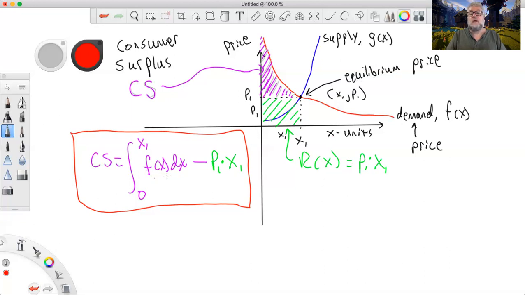And we integrate f of x, where f of x is the demand function, minus the equilibrium price times the equilibrium units sold. And this whole thing will give us the area underneath the curve here. So it's the big one minus the little one gives us what's left over. So let me do this.